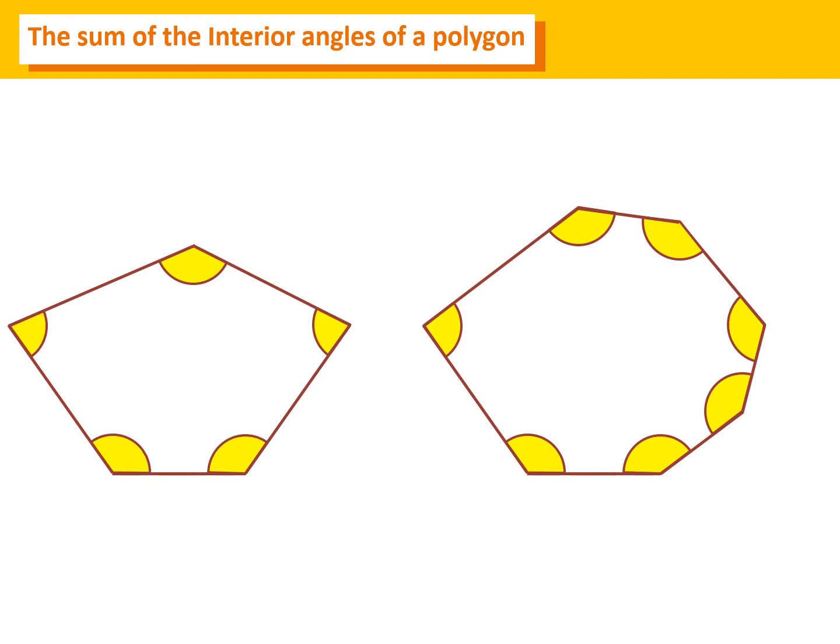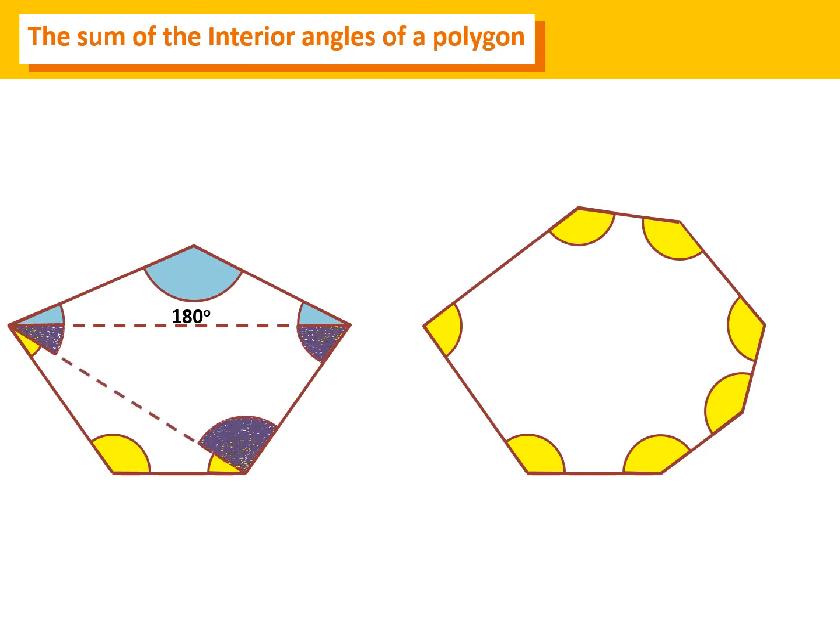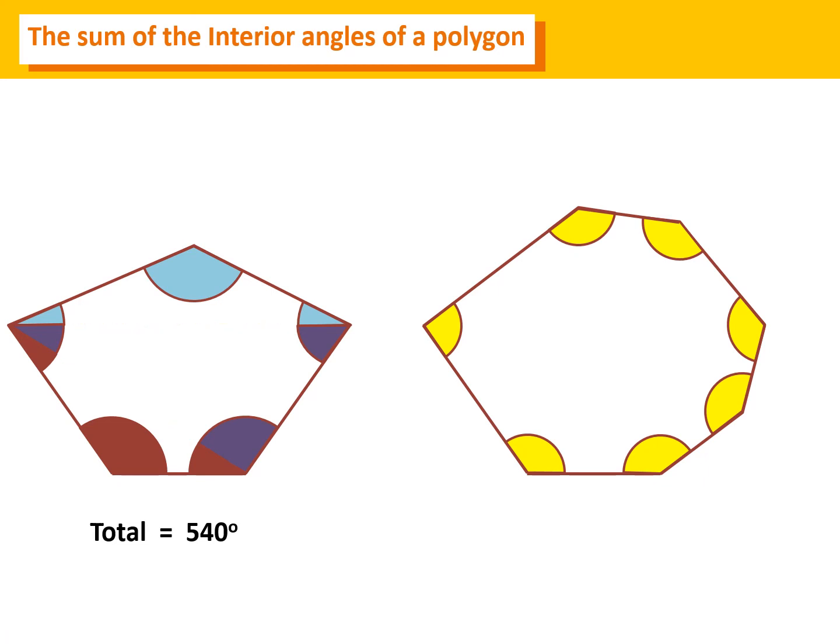We can extend a similar technique to shapes with more sides. On the left-hand side, we have a pentagon, and we can split the pentagon into three triangles. Each of the triangles will have a total of 180 degrees in their angles. Therefore, with three triangles, that will be 540 degrees.